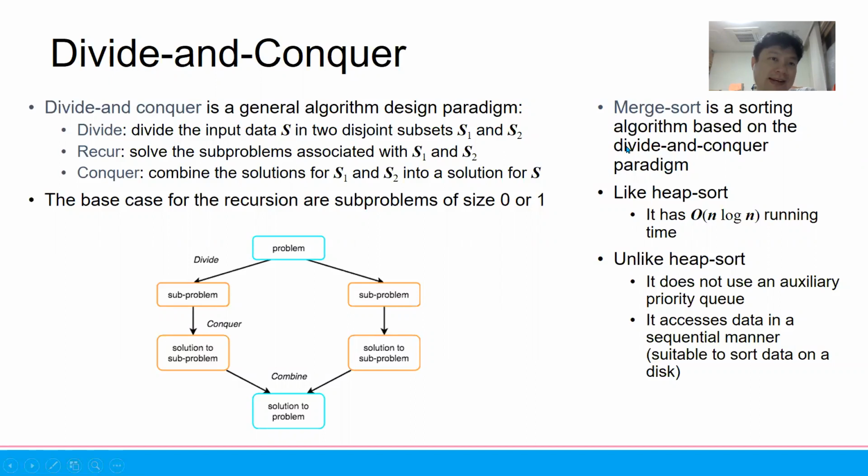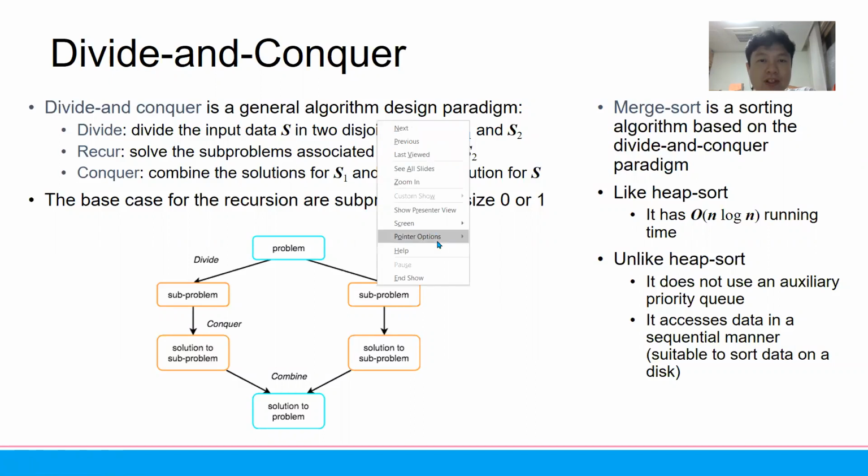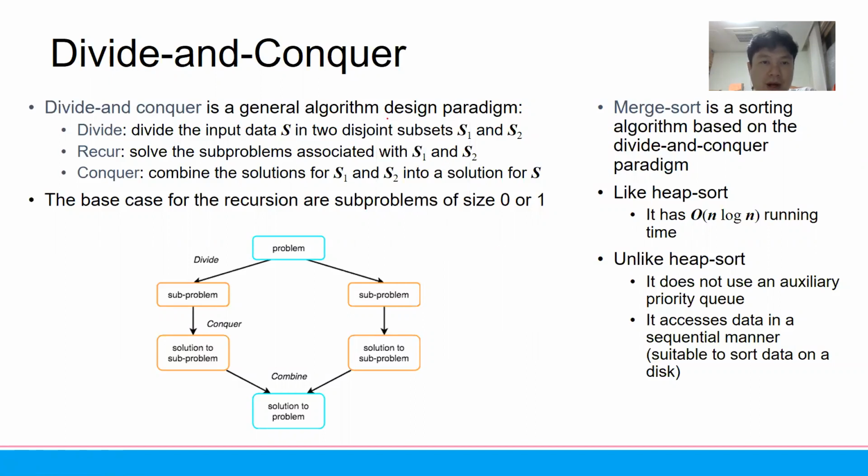Divide and conquer is a general algorithm design paradigm. We call it a design paradigm because it has the idea to divide. So we call this divide. It means we want to divide the input data S into two disjoint subsets S1 and S2.